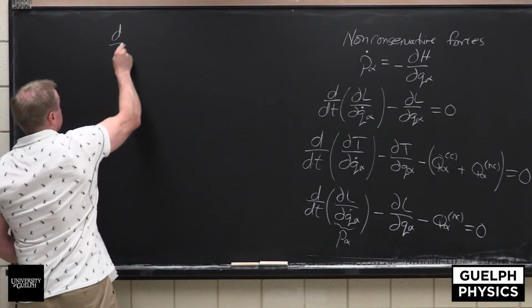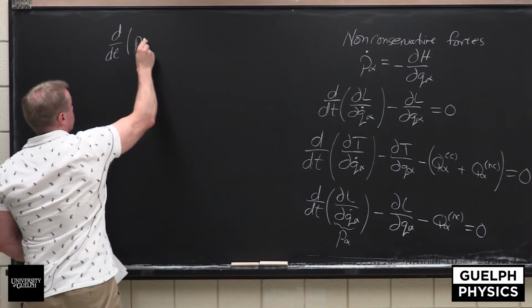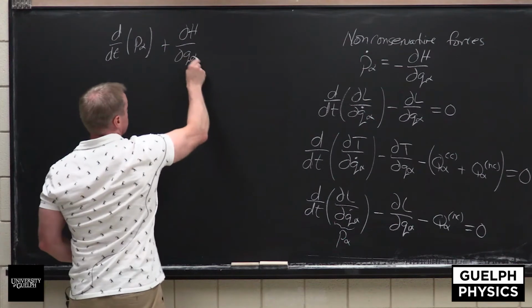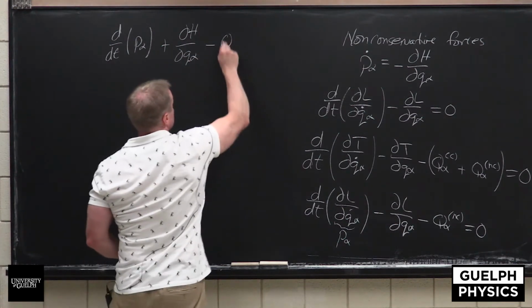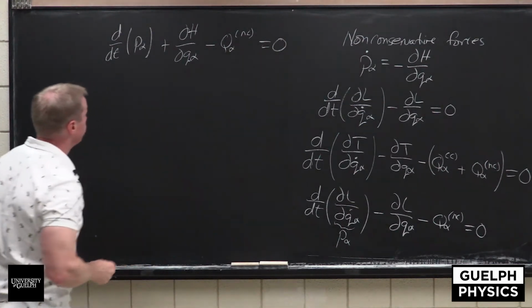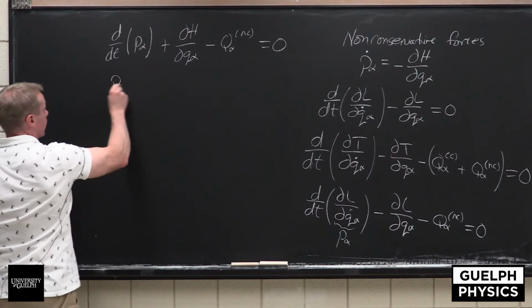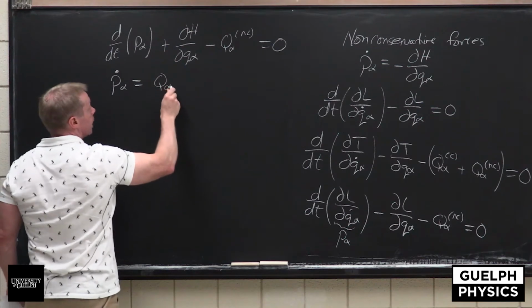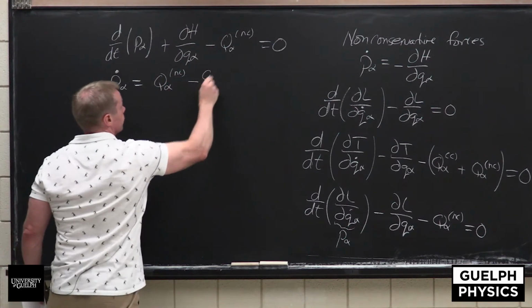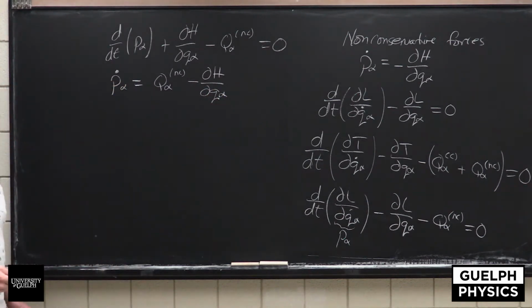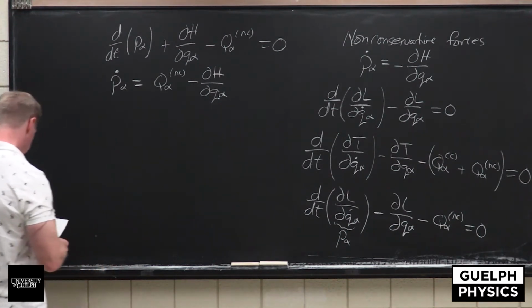And so I have d/dt of P alpha plus ∂H/∂Q alpha minus Q alpha non-conservative is equal to 0. And so we have then a modified equation, P alpha dot is equal to Q alpha non-conservative minus ∂H/∂Q alpha. And then this naturally incorporates a non-conservative force.